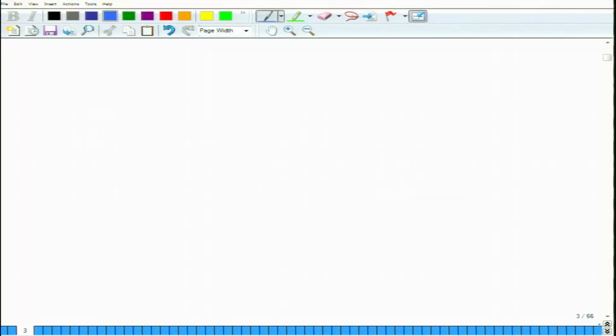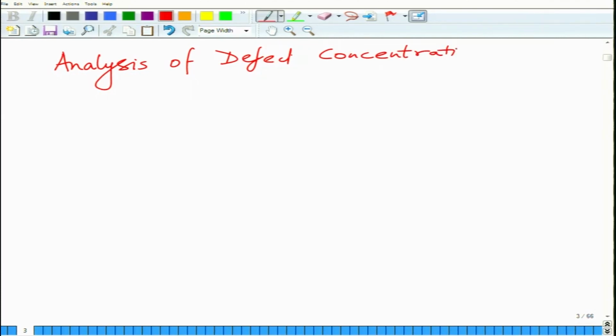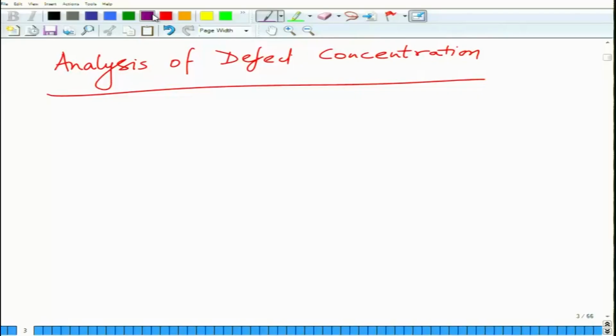Now, we will do a simple analysis of defect concentration. When we introduce a vacancy in the system, it leads to a change in thermodynamic parameters such as entropy and enthalpy.